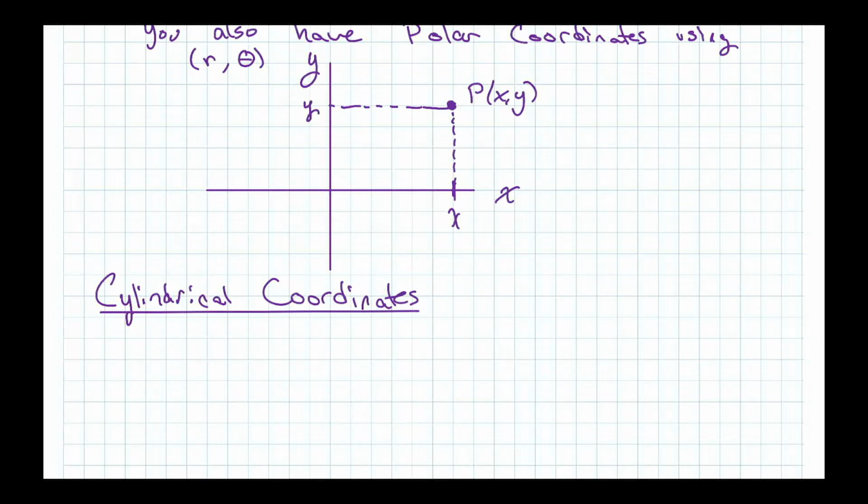But you could also represent its position by an R and a theta, where if you draw a line from the origin out to the point, then you can measure this angle, which we call theta. And of course, the distance here is the R. So using the R and the theta, you can represent this exact point just like you can in X and Y.